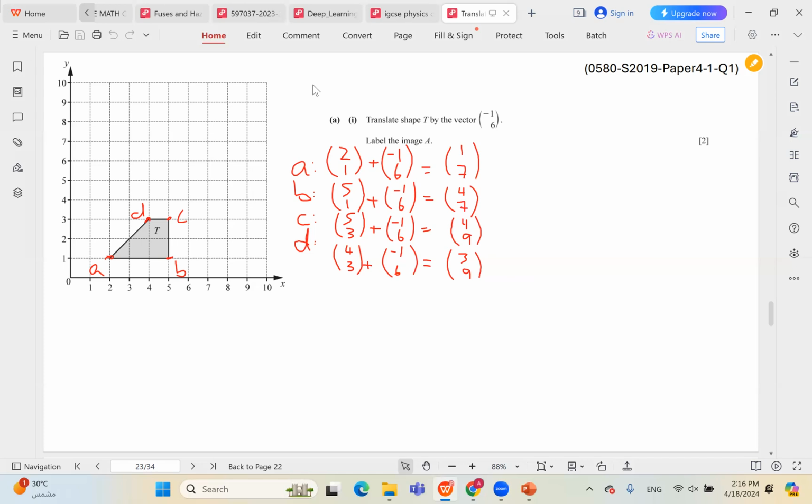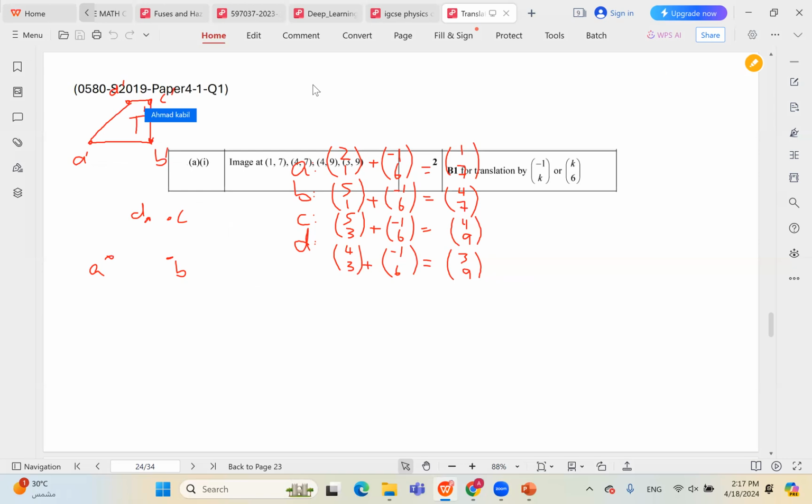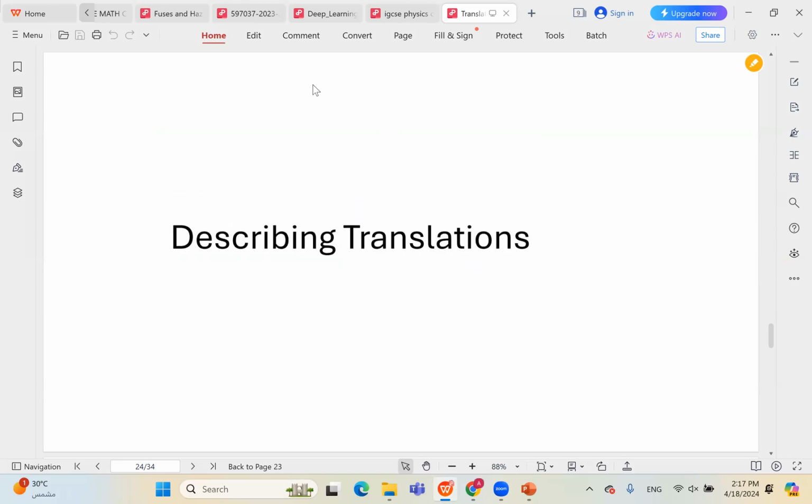So we have 1, 7. This is A dash. And then 4, 7 is B dash. And 4, 9 would be C dash. And then finally 3, 9 would be D dash. So there it is. This is the new shape T dash. 1, 7, 4, 7, 4, 9, and 3, 9 are the correct answers.